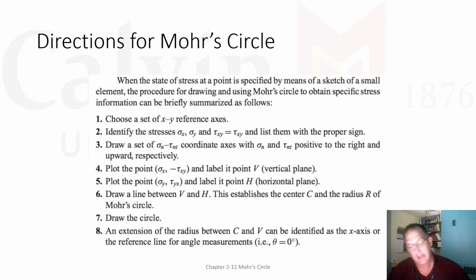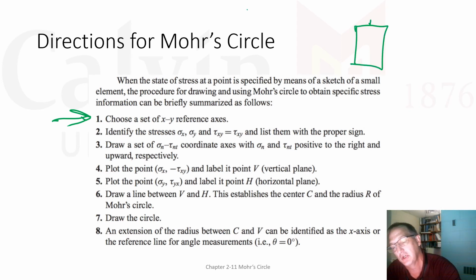These are right out of the book, section 2.11, where the first thing you're going to do is choose a set of reference axes, and then identify your stresses, sigma x, sigma y, and your shear stress. So we've got our stress cube, and we're going to draw our arrows on there, and then I put my shear on there.